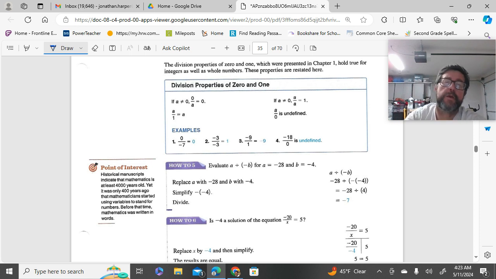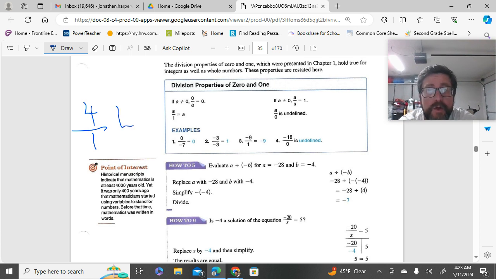So if you have any number, say I have 4, and I divide it by 1, it is always going to be 4, because you're just making 4 pieces of 1. So the answer equals 4. You're dividing 4 up into one piece, which means you still have 4.